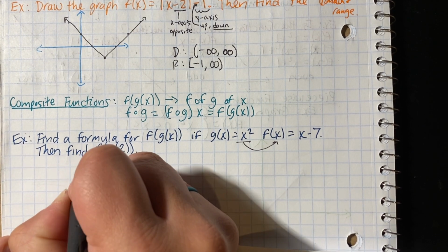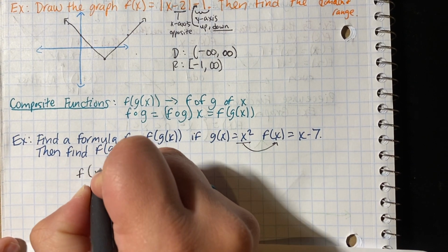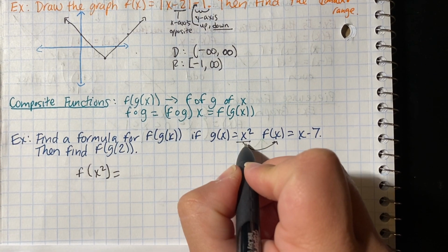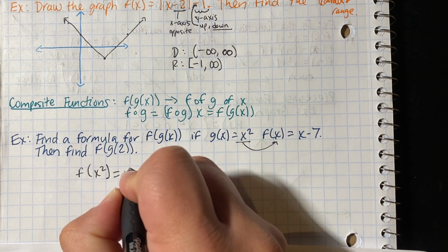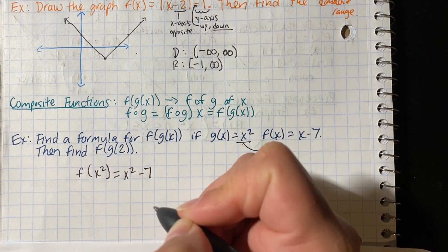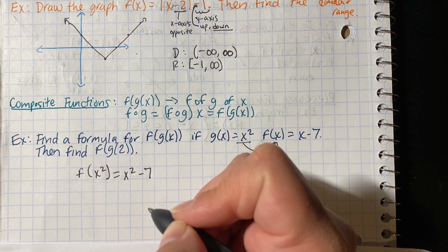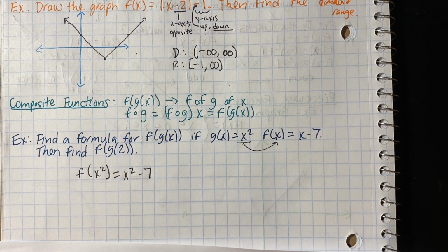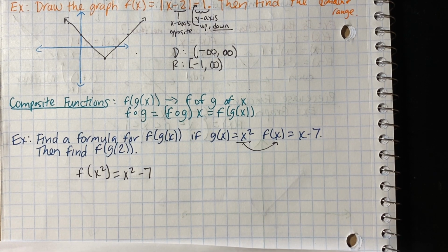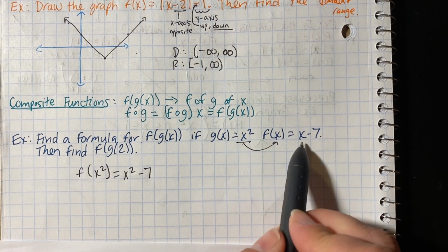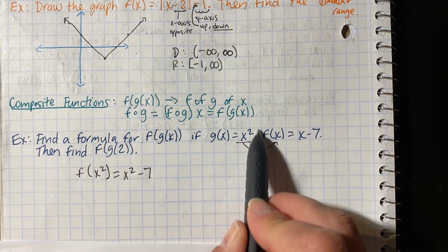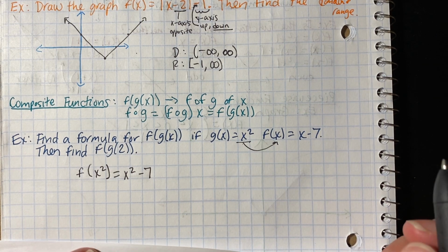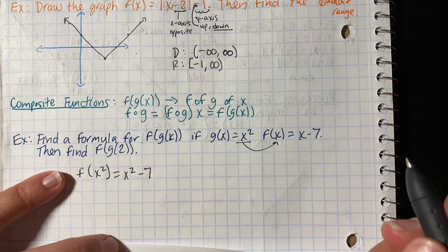So I'm going to say f of x squared, and everywhere there's an x, I'm now going to put an x squared instead. Okay, that's it. This one was a super easy one. All right. If I had more x's, then I'd have to put whatever this is or all of it everywhere it's located.